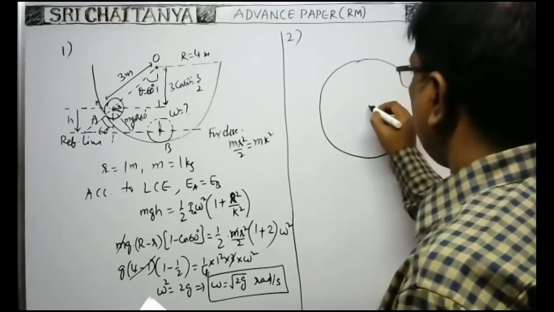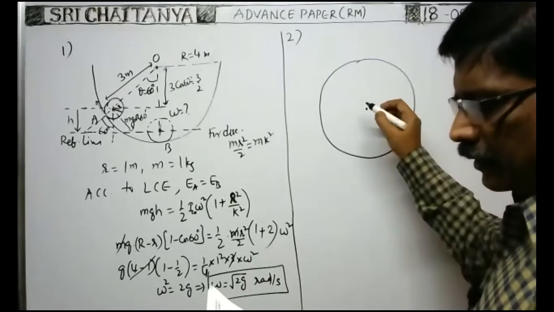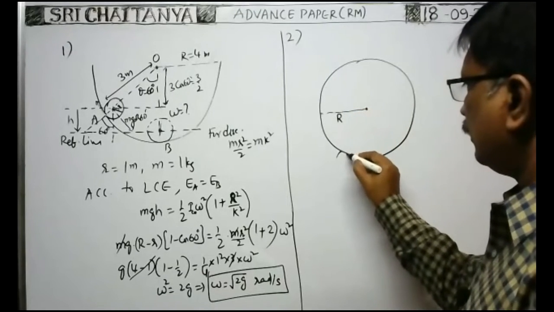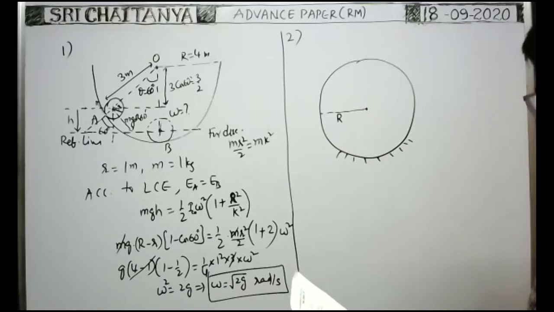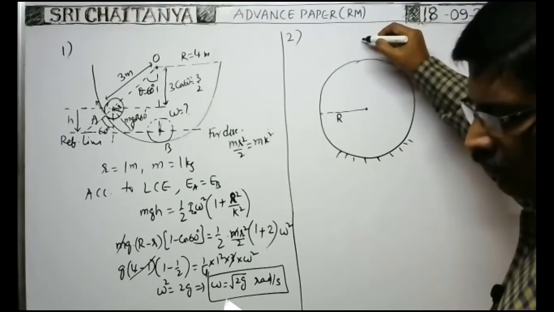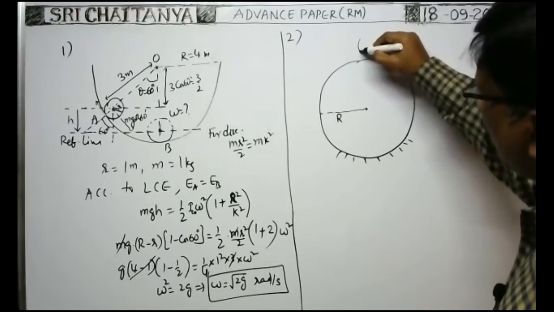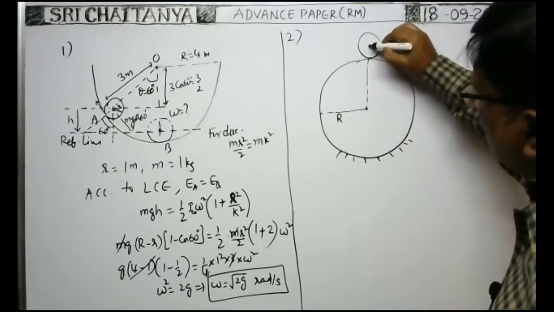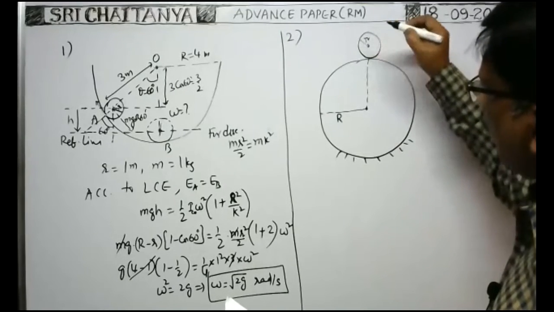It is the fixed sphere of radius capital R. It is fixed, no rotation. A uniform solid cylinder is kept at the top of the solid sphere. Here, a cylinder is kept at the top of the sphere. This cylinder is having radius smaller r.